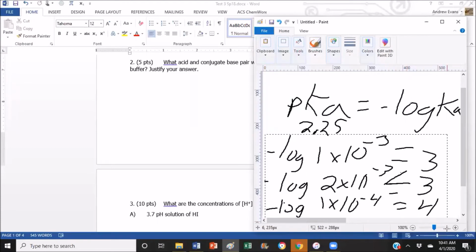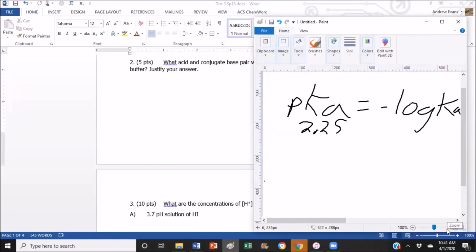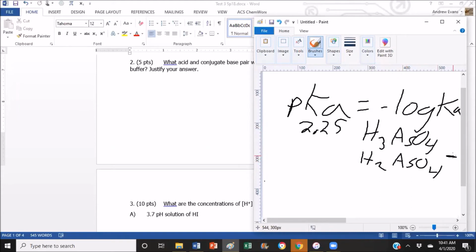Yes, so that is a possibility. You would mix in H3AsO4 and H2AsO4 minus, because the pKa is 2.25. So that is one possibility.